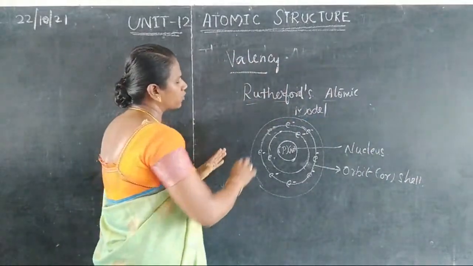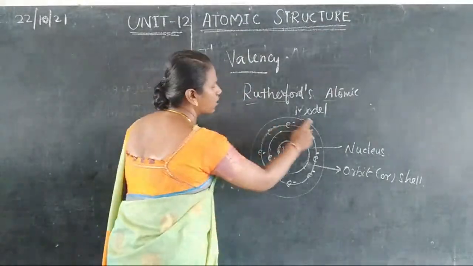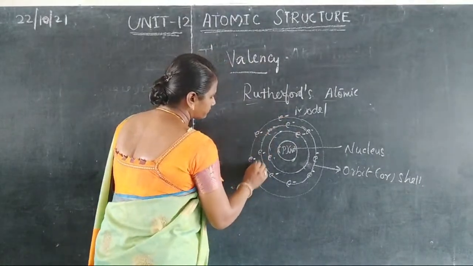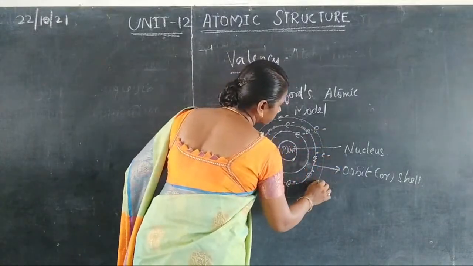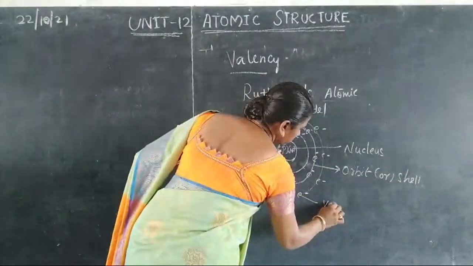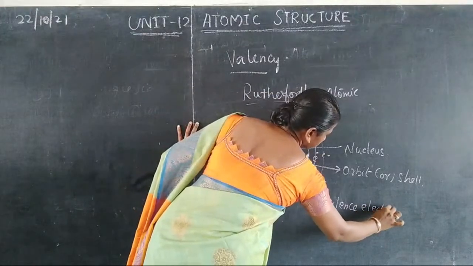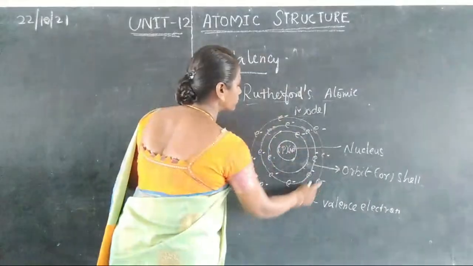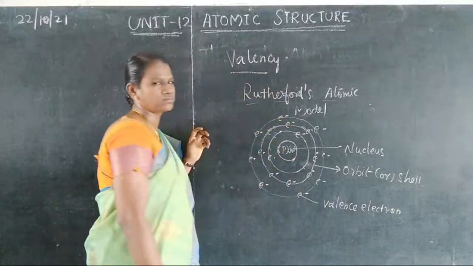The electrons in the outermost shell are called valence electrons.